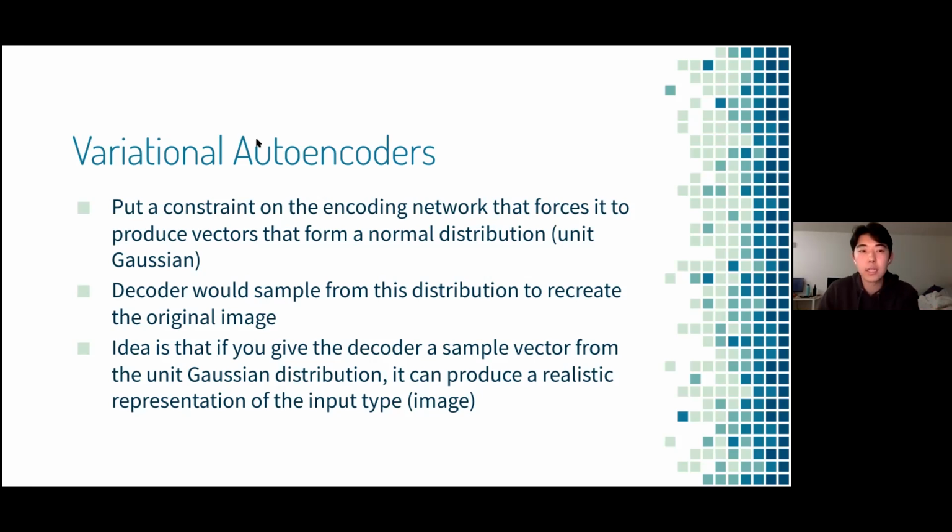The way we do that is we put a constraint on the encoding portion of the network that forces the representation space to be vectors that represent a normal distribution, or a unit Gaussian distribution. What this looks like is some sort of regularization term or other forcing terms that bound our output from the encoding side into this probability distribution.